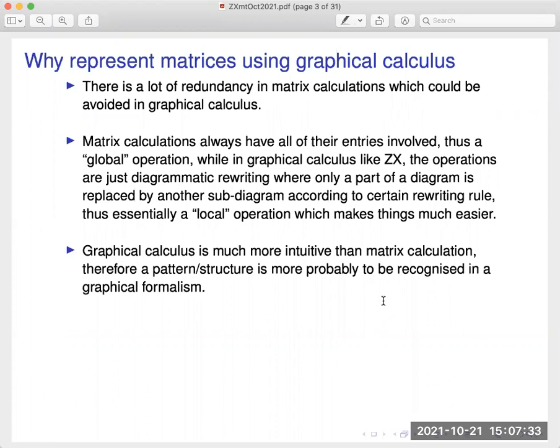But in graphical calculus, like ZX calculus, the operations are basically diagrammatic rewriting. That means you only need to replace a part of the diagram by another sub-diagram according to a certain rewriting rule. So basically, this is a kind of local operation, and this local operation can make things much easier than the global operation.